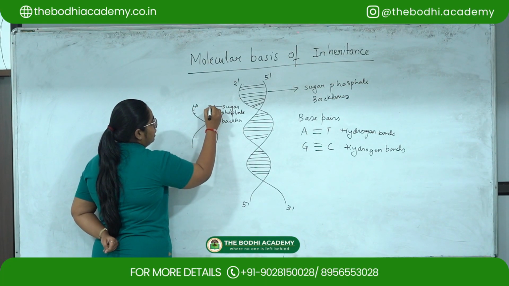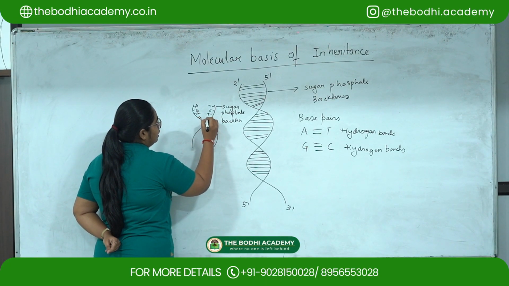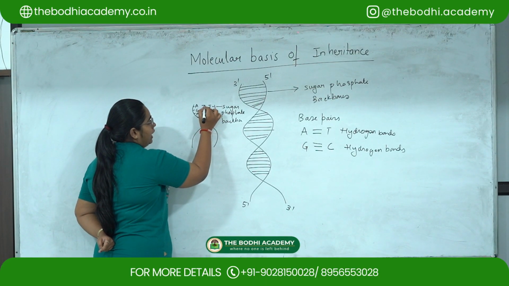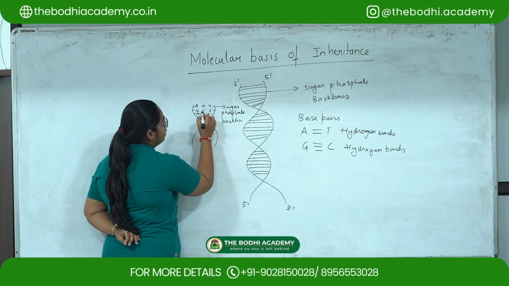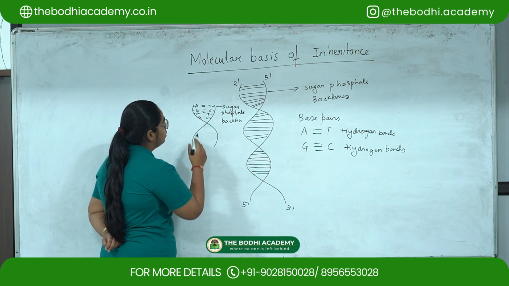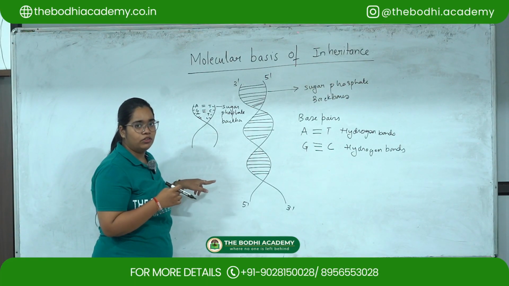So A, T, G, C. So A, T are held by 2 hydrogen bonds and G, C are held by 3 hydrogen bonds. So this is how the 2 strands are held together by hydrogen bonds.